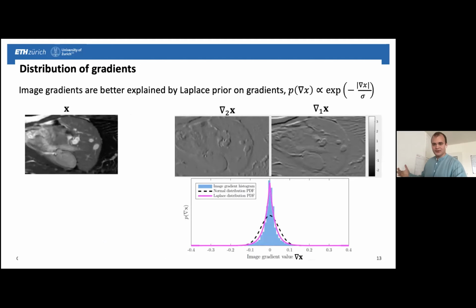Two popular choices are the Gaussian distribution or Laplace distribution, and then you can fit them. They have two degrees of freedom, right? The mean and the variance. Parameterizing them as such, you can tune them and see which one fits better. In this case, we can see that the Laplace distribution is a better approximation. It's a better explanation of the image gradients compared to the Gaussian distribution.